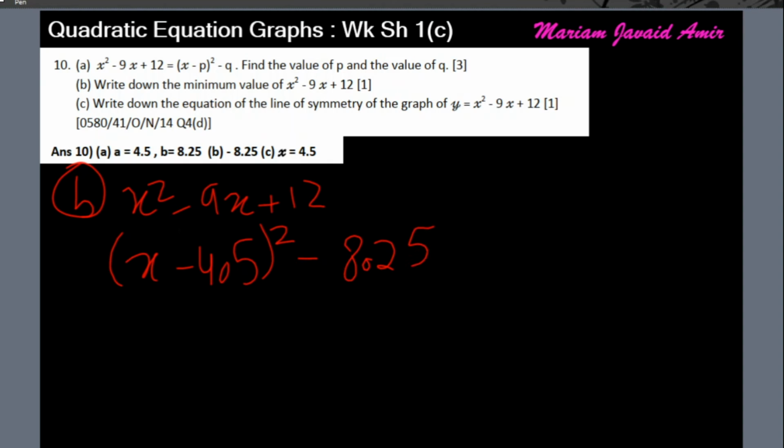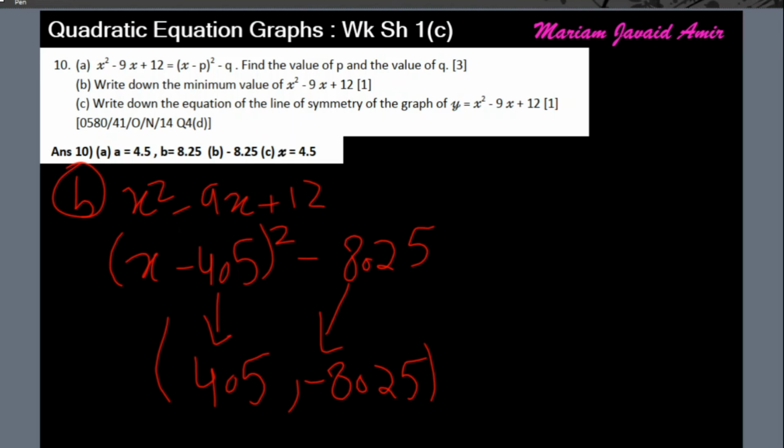So like we did in the last part, without even drawing the graph, we can find the minimum value of this by flipping this sign, which gives us 4.5, and retaining this sign, which gives us minus 8.25, which is the minimum value of this.